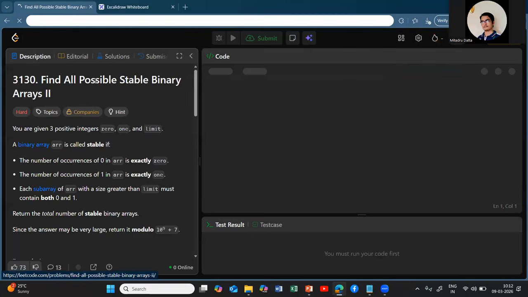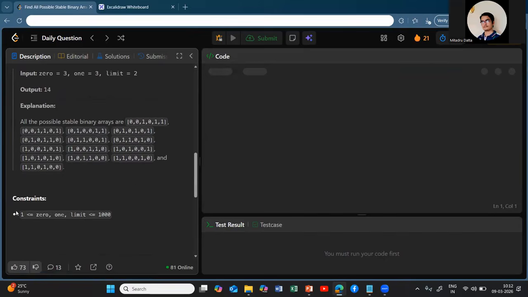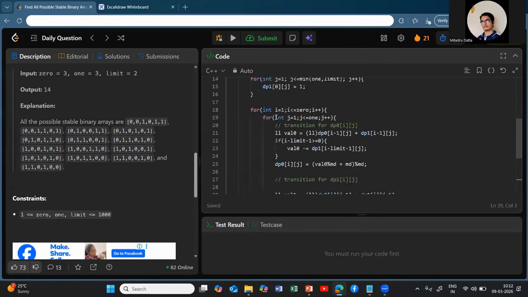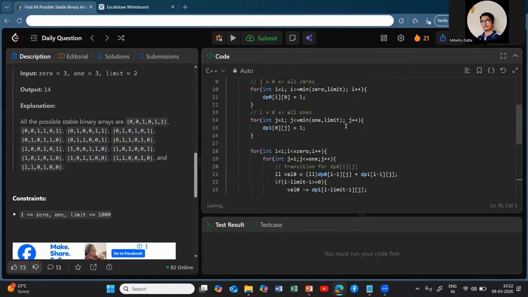So if you see the next problem, this is a hard problem. It has exactly the same thing, and the constraints are 1,000, and since we are solving it in zeros into ones, do you think we will also be able to solve this if we just copy paste this?